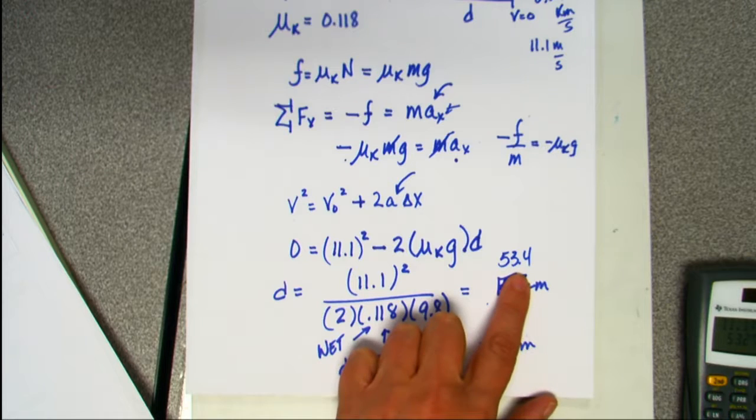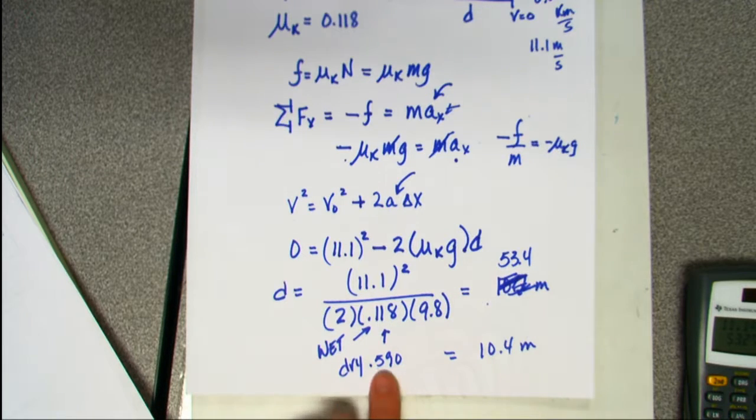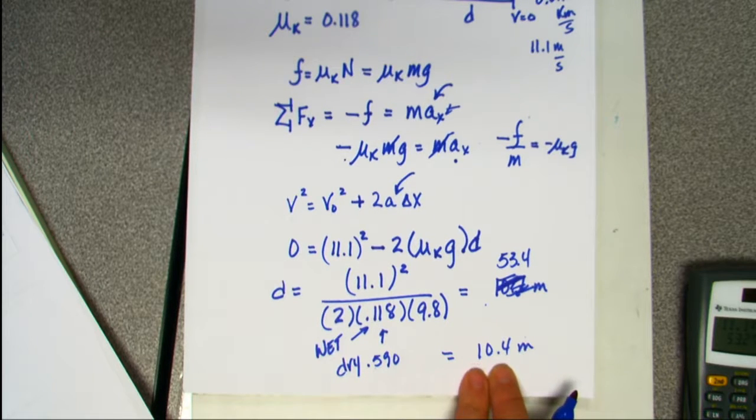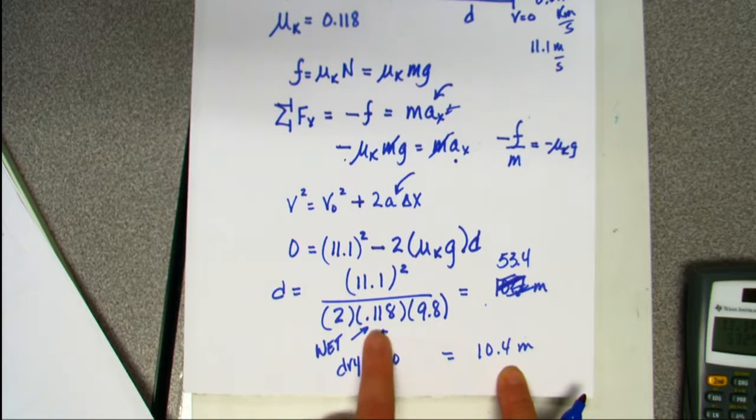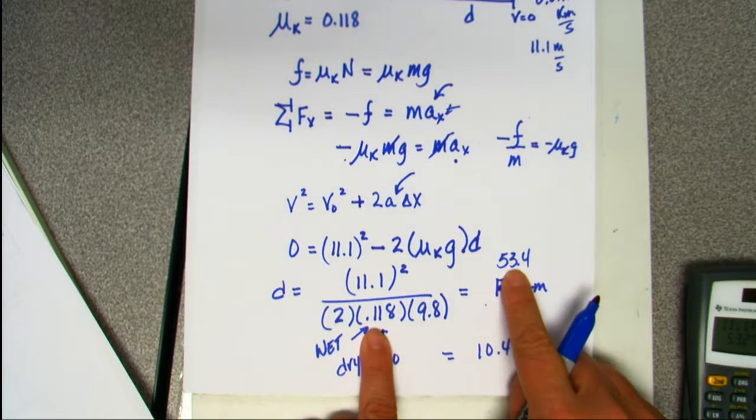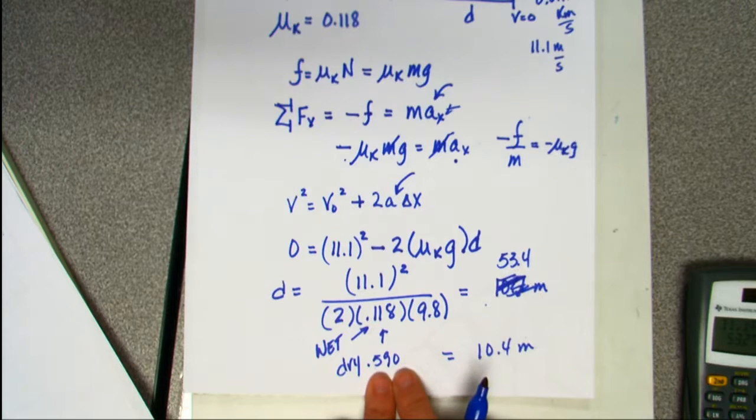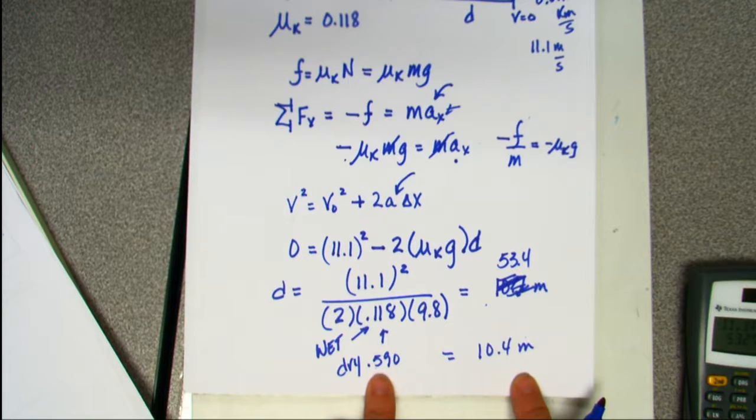That's 53.4. And when you do it with 0.59, that gives you about 10.4. So 0.118 gets you 53.4, and 0.59 gives you about 10.4.